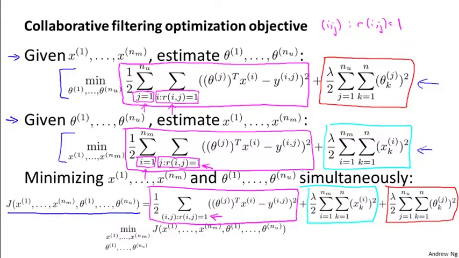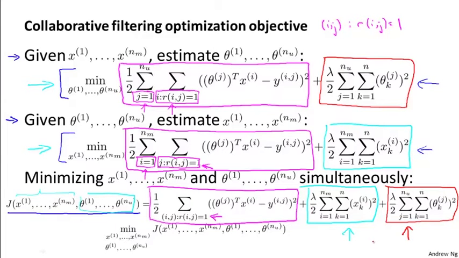And this optimization objective J actually has an interesting property: if you were to hold the x's constant and just minimize with respect to the thetas, then you'd be solving exactly this problem. Whereas if you were to do the opposite, if you were to hold the thetas constant and minimize J only with respect to the x's, then it becomes equivalent to this, because either this term or this term is constant if you're minimizing only with respect to the x's or only with respect to the thetas.